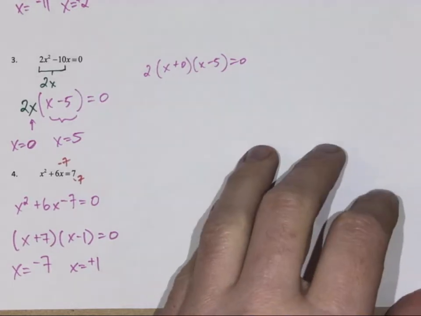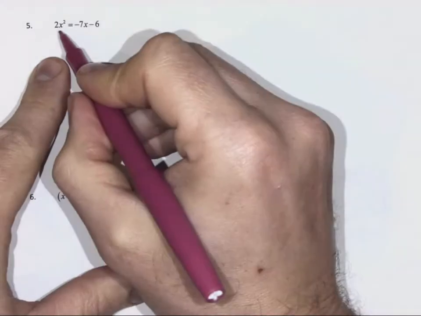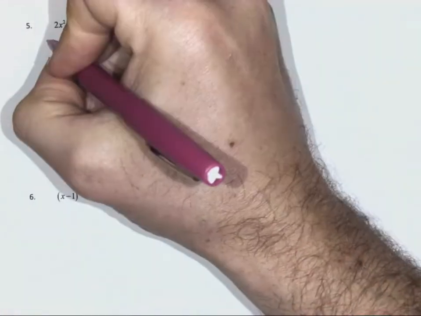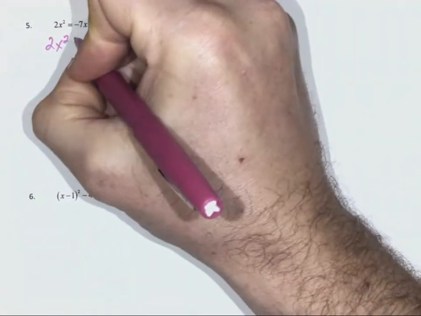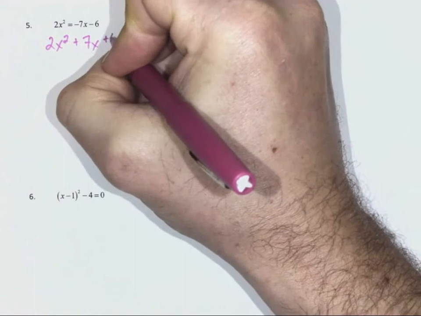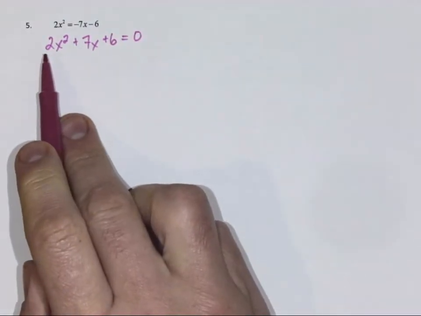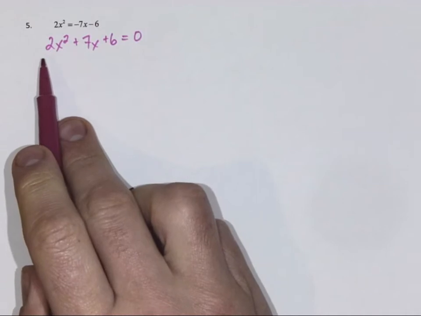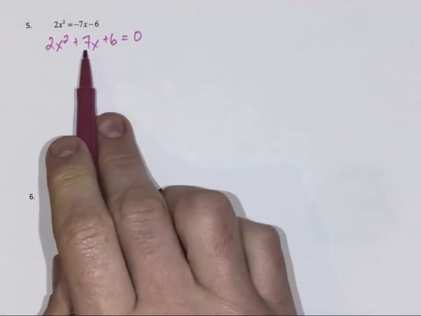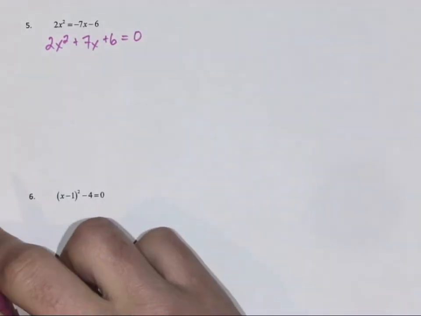If I continue with a few different examples, the next two. Bring everything to the same side. I want that a term to be positive. I'm such a positive guy. I notice that this is not a simple trinomial, so I'm going to look for a common factor. Even, even, odd. No common factor.